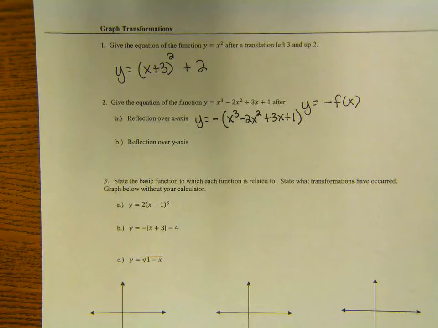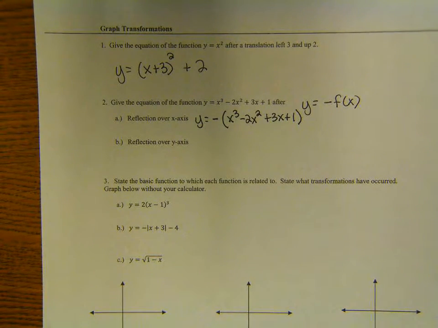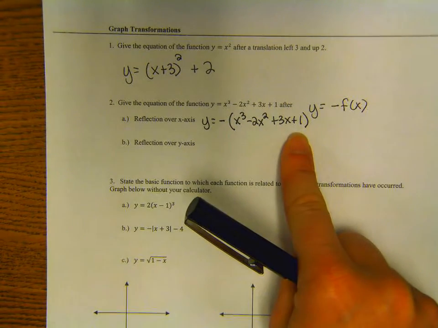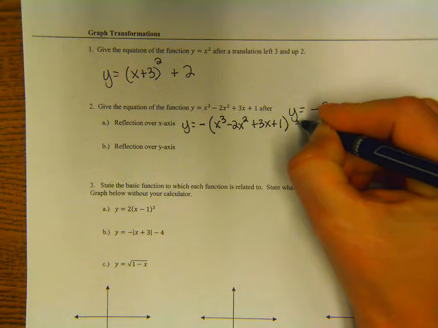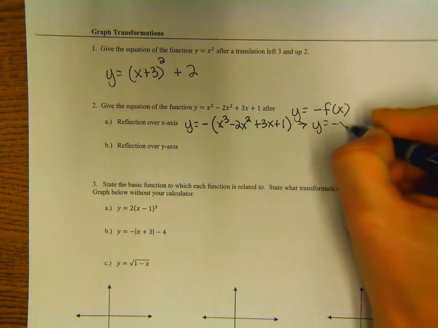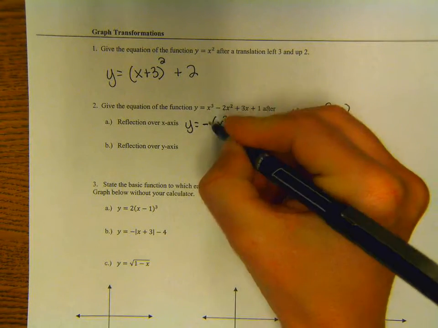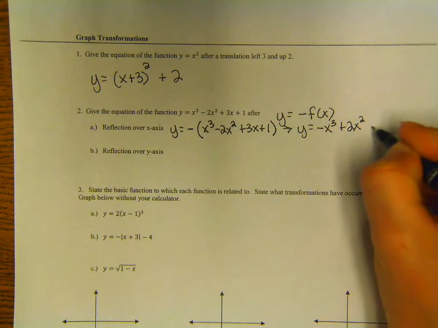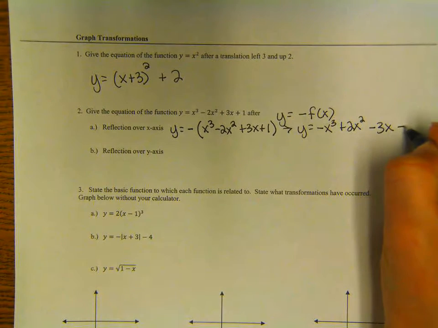Now, later on when you're seeing what this means, you don't have to show me the parentheses, as long as you understand the opposite of an entire function should change the signs of all of these things. So this would be y equals negative x cubed, if I distribute the negative, plus 2x squared minus 3x minus 1.